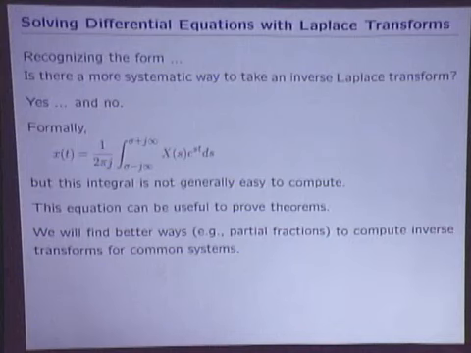So I'll just mention that there is a formal way of not doing table lookup. For the kinds of problems we will look at, using this formula is so much more difficult than table lookup that we will never use that formula. It will be useful for proving things.